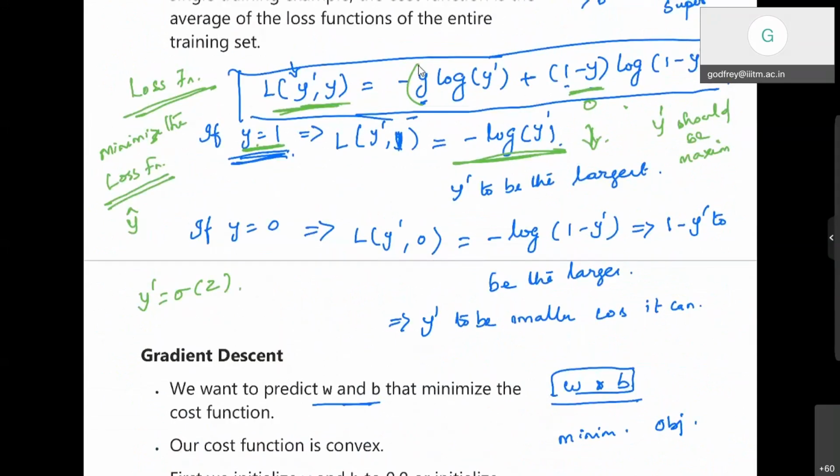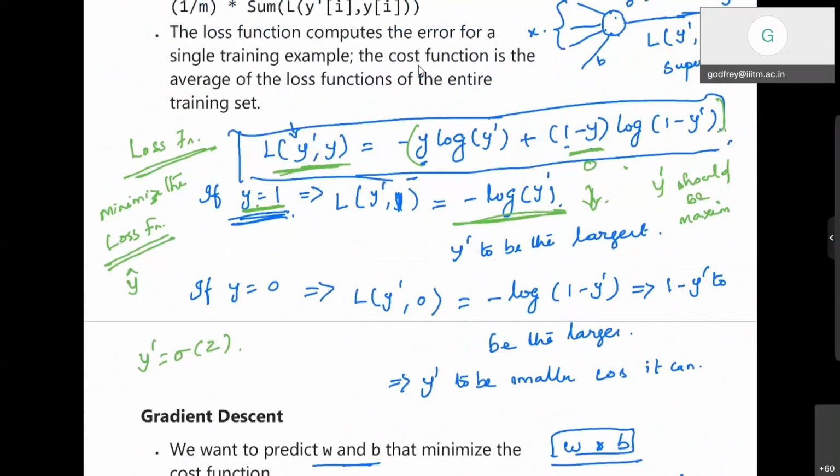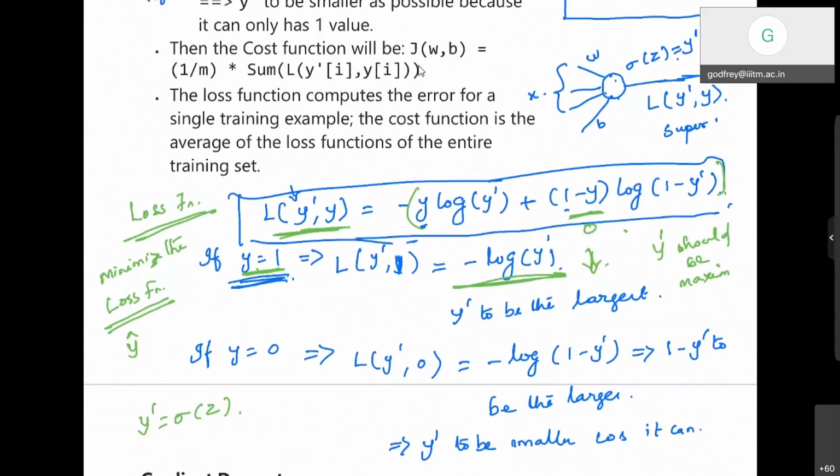You have w and x, so you have wx plus b, which is equal to z. Then sigma of z is equal to a, which is the activation.